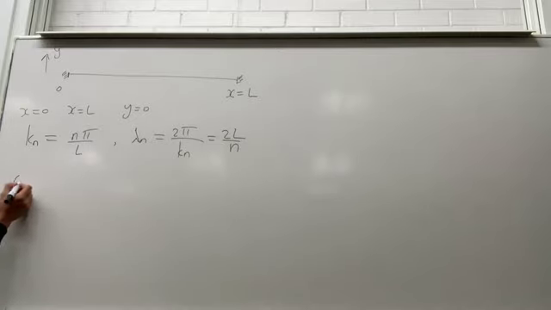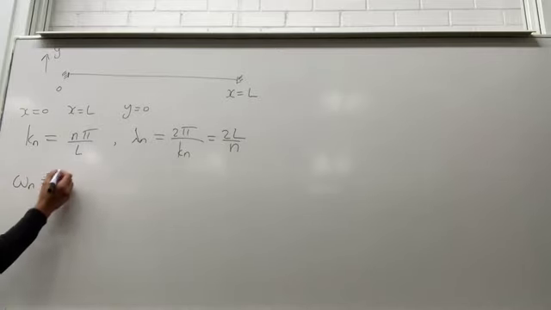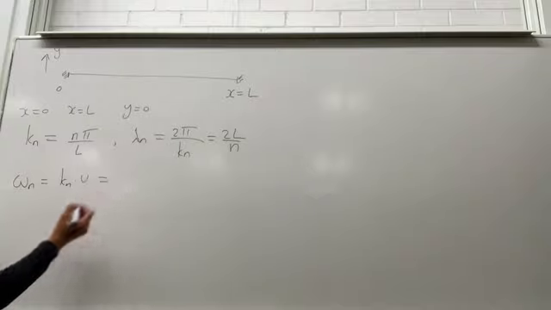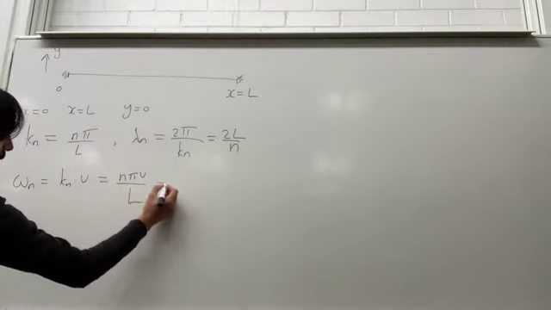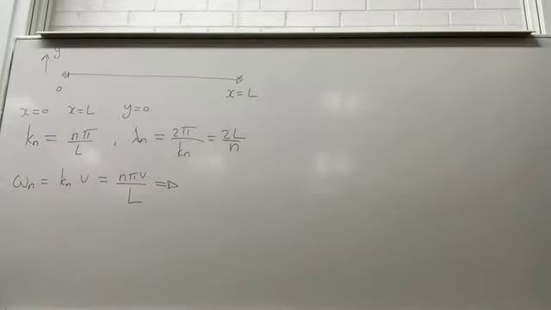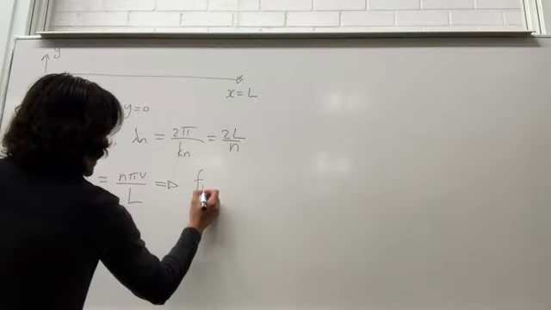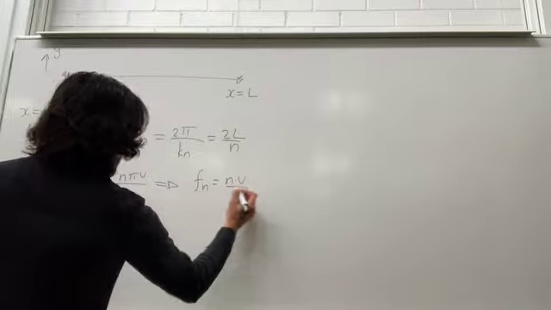And we can write for the frequency omega n, that is Kn times V. This is n pi V over L. If you want to write the frequency in terms of hertz, then we have n times V divided by 2L.